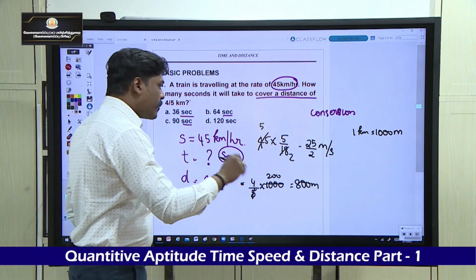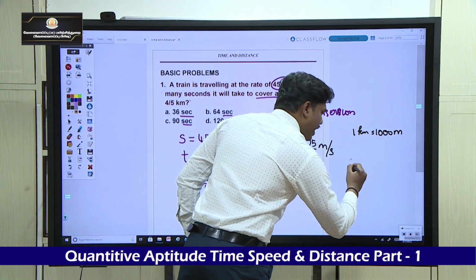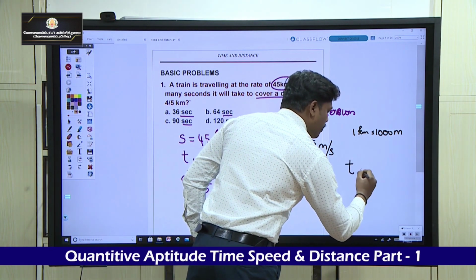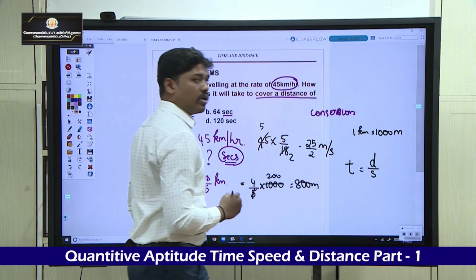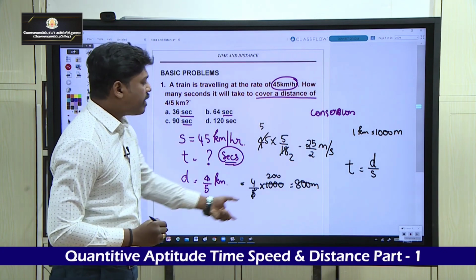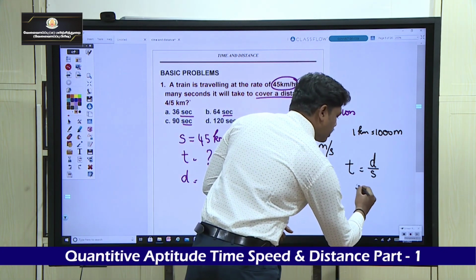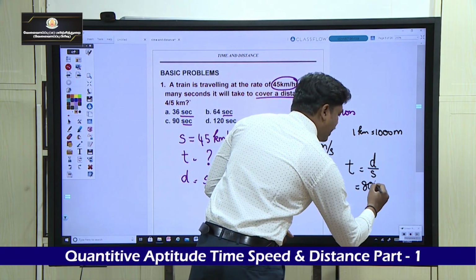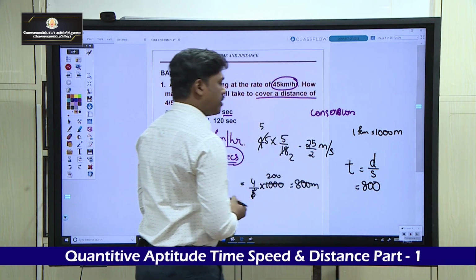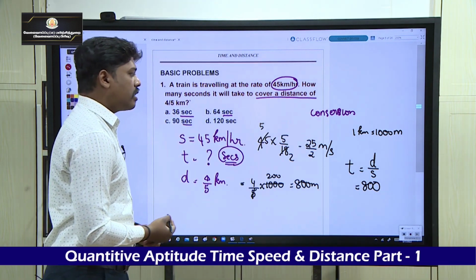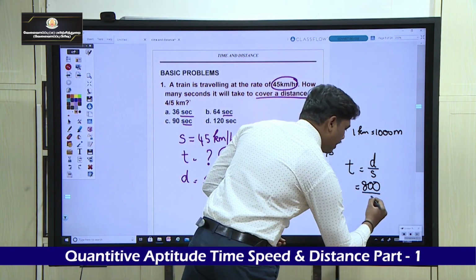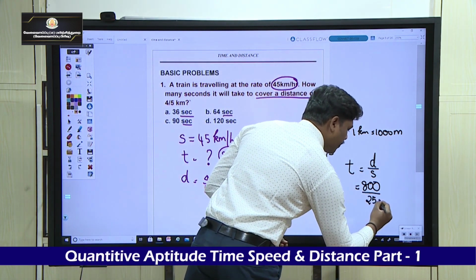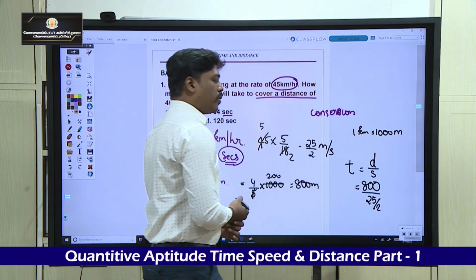So next, substitute in the formula. How to find the time taken? Time is equal to distance by speed. So what is the distance here? The distance is 800 meter. And what about the speed? Speed is 25 by 2 meter per second. So what happens to the 2?